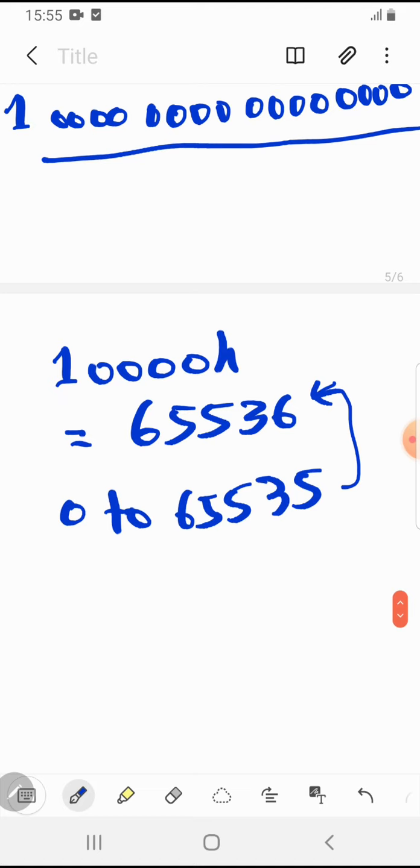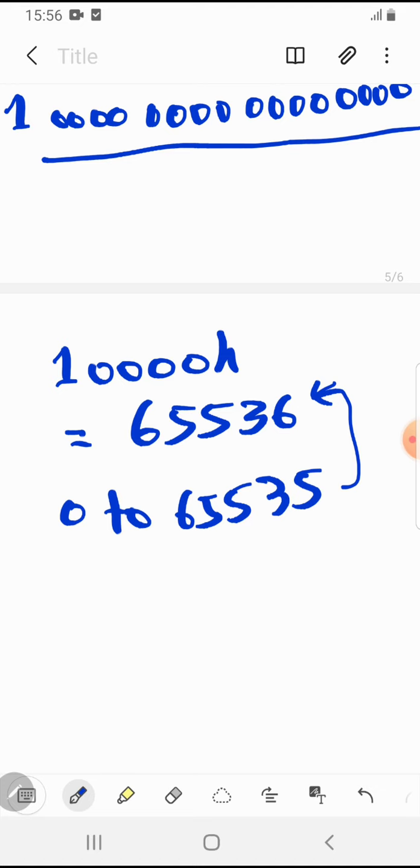That's why if we treat it as an unsigned number, then the resultant value is greater than the available number of bits can represent. So that's why unsigned overflow has occurred. In other words, 1 is carried out of the MSB and the answer is actually equal to 0000 hex, which is wrong. So the unsigned overflow has happened.